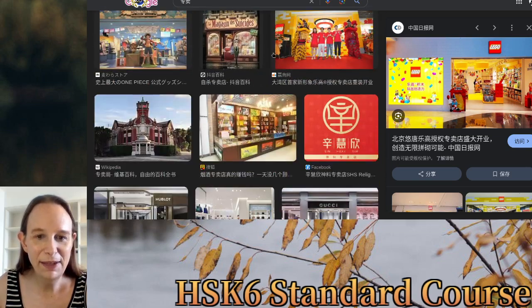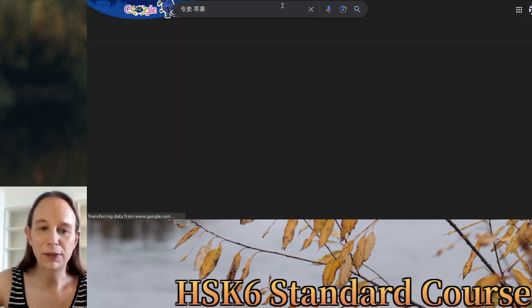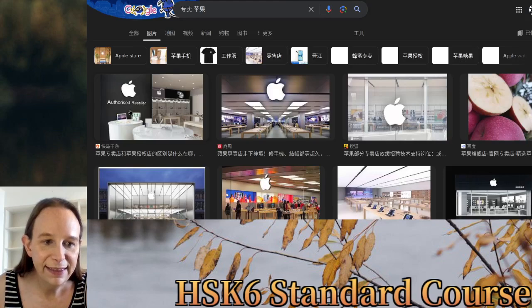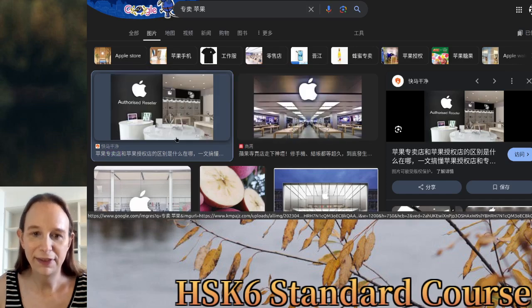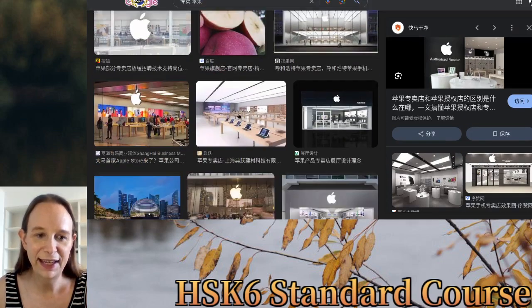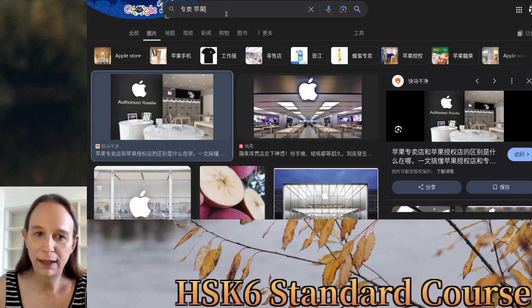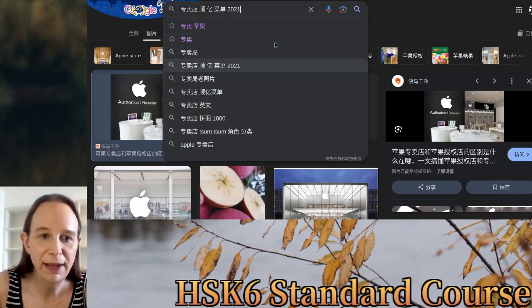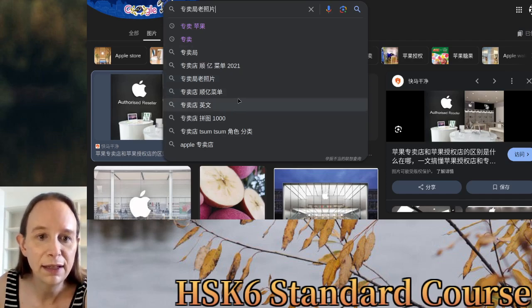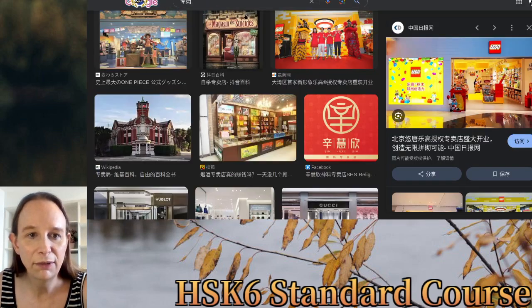So maybe you'll see 苹果手机, 苹果店. Yeah, this one. 苹果专卖店. So specialty store. They sell Apple products and nothing else. They don't sell apples. What else can be 专卖? Well, what if we just put in 专卖店 and see what comes up?